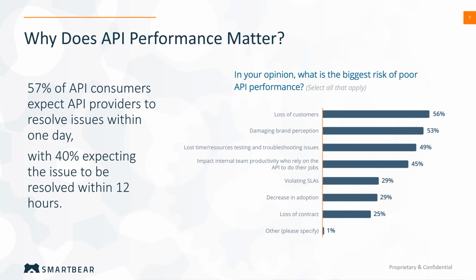Additionally, there are more team-centric consequences, like losing time, losing resources, having to dedicate or reprioritize things when you find issues in production, and it can impact internal productivity. You can violate SLAs, which goes back to the top issue of losing customers, and so on and so forth. There are a ton of bad things that can happen when your performance degrades.